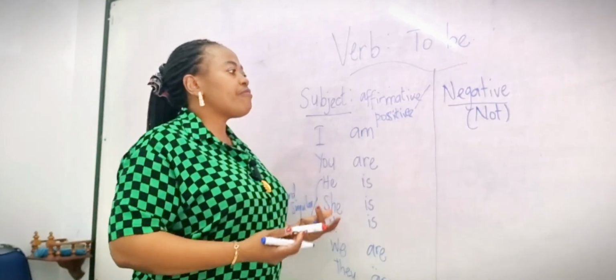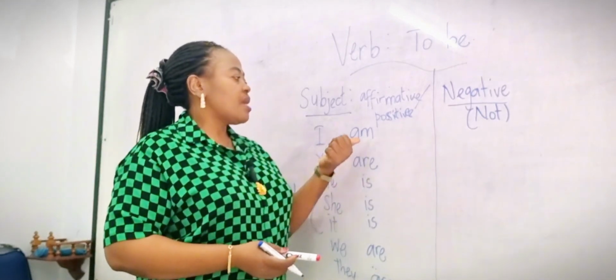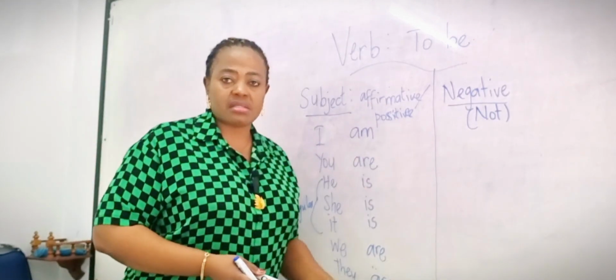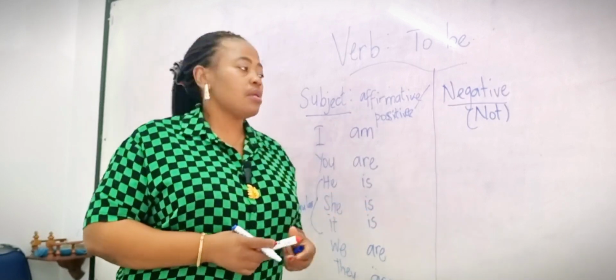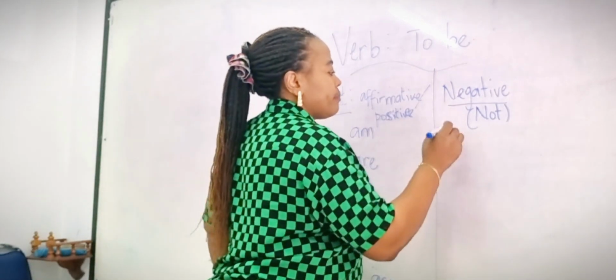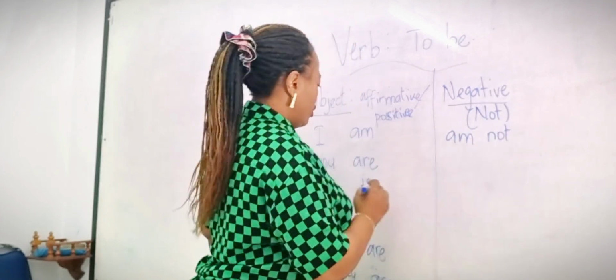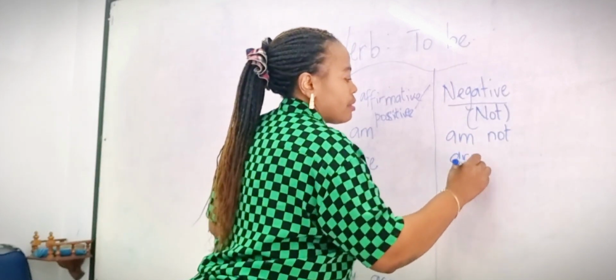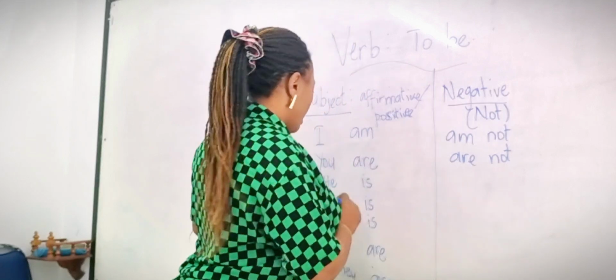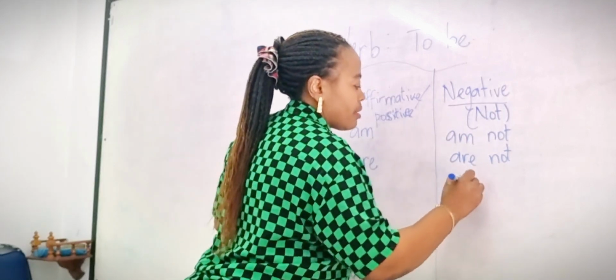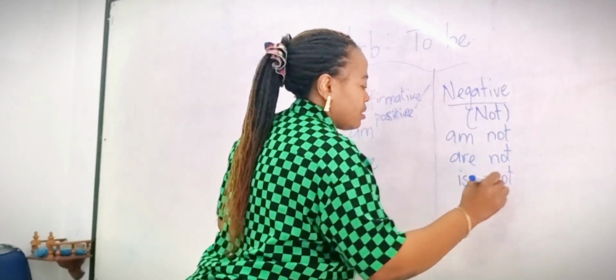Now, how do we form it? We use the subject plus the verb to be plus not. So I am not. You are not. He is not.